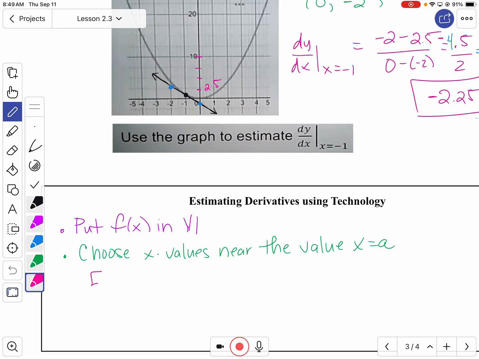Let me give you an example of that. So let's say that we're talking about the derivative at x equals 1.5. I might choose 1.6 and 1.4. So I'm just going to get close. Those would be the values I would choose around it.